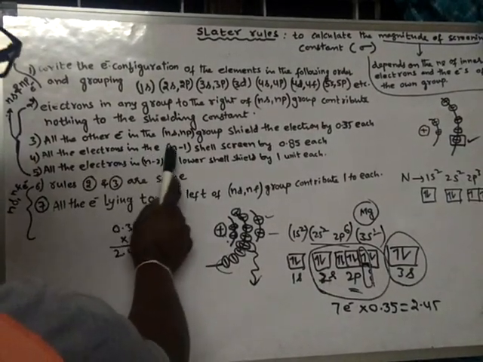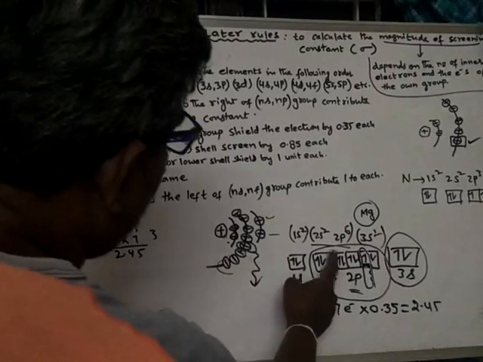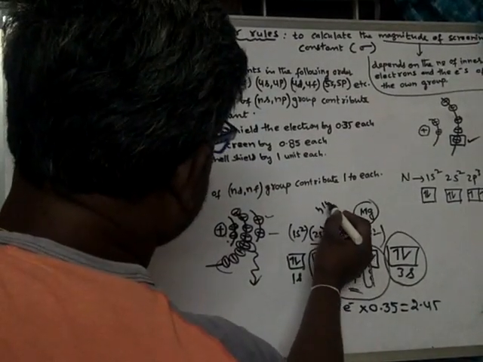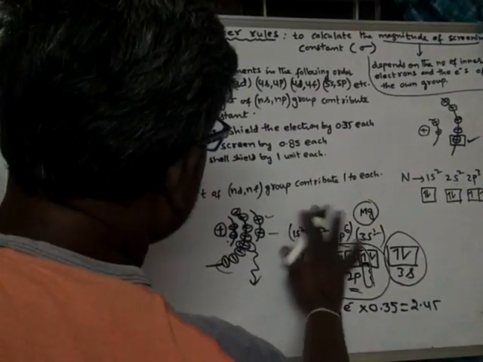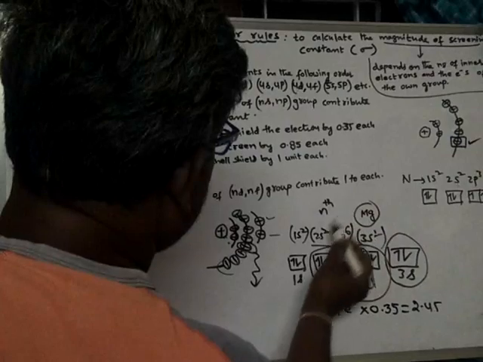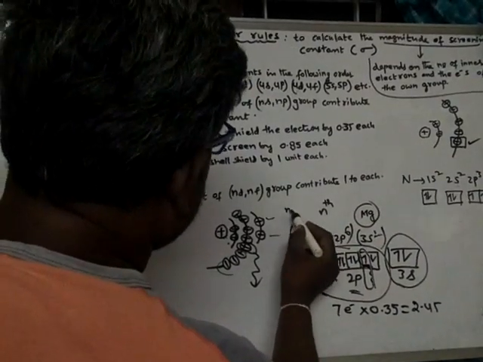All the electrons in the n-1 shell. We have treated this shell as the nth shell. This is the nth shell, so this will become the n-1 shell.